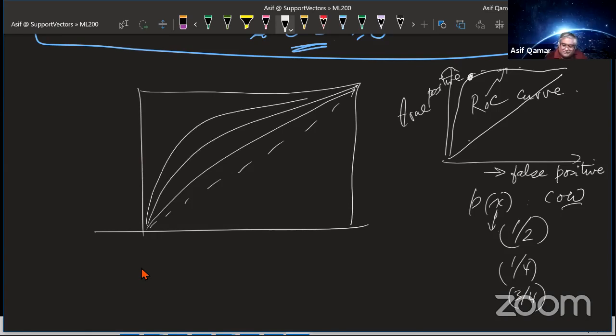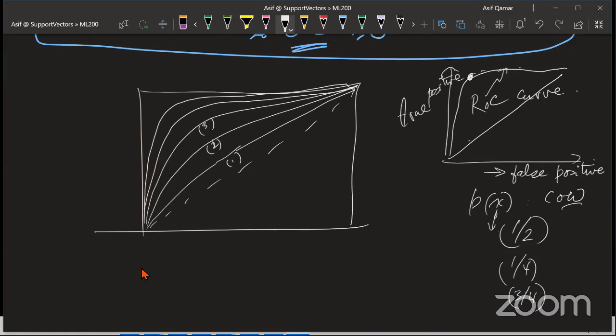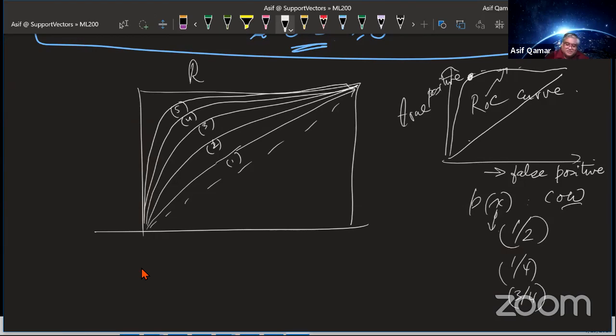A third one will give you an ROC like this, and a fourth one like this, and hopefully a very good model will eventually give you an ROC like this. So let me mark it 0, the first split 1, 2, after the third. Impurities keep getting better and better, right? Yeah, Gini keeps getting better and better. That's an intuition. So this is your ROC curve. This is a good observation, actually. Thanks a lot.